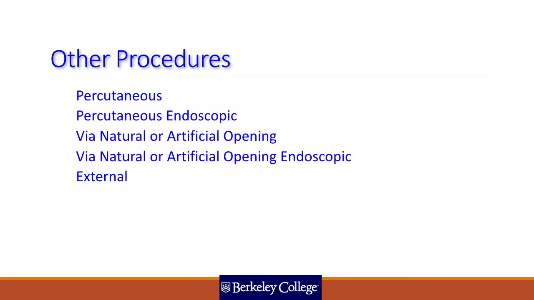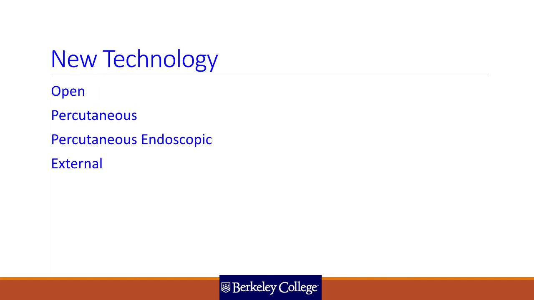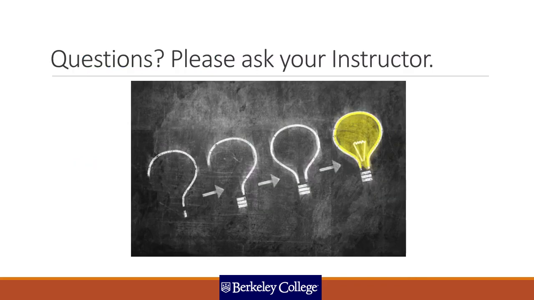Other procedures section only give you 5 options, but again, they're all familiar to you because you use them in medical and surgical. Chiropractic services are only available on an external basis. And new technology has 4 options for you. Again, the same definitions as you learned for the medical surgical section.